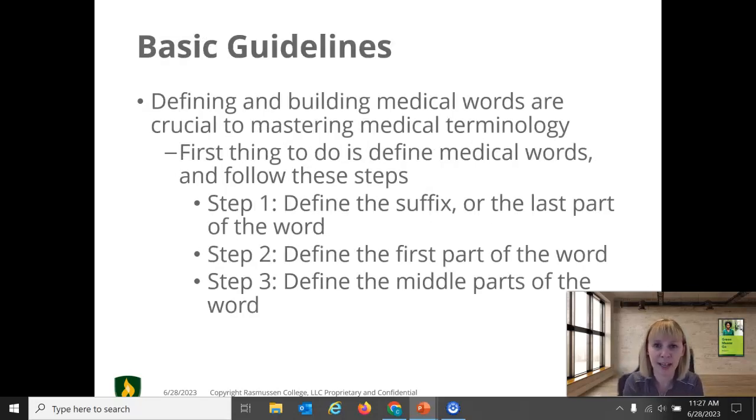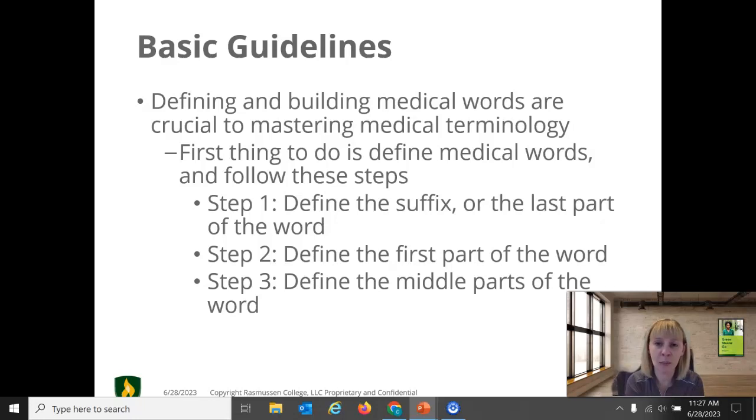Here are some basic guidelines that you should be using when it comes to medical terms. First and foremost, when you're defining or building a medical term, you want to make sure that you follow these steps. The first thing that you should do, and it sounds a little crazy, but start at the back of the word and work your way forward. So the first thing you really should do is look for the suffix of the word, or the ending of the word.